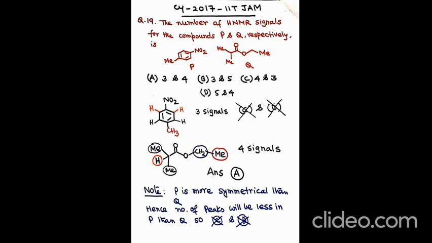So 2 plus 2 is equal to 4 signals. Isopropyl group is attached with the C double bond O of ester. Ethyl group is attached with the oxygen of ester. Ethyl group will give 2 signals. Isopropyl also will give 2 signals. So 2 plus 2 is equal to 4. So therefore the answer is A, because in the A, P will give 3 signals and the Q will give the 4 signals.